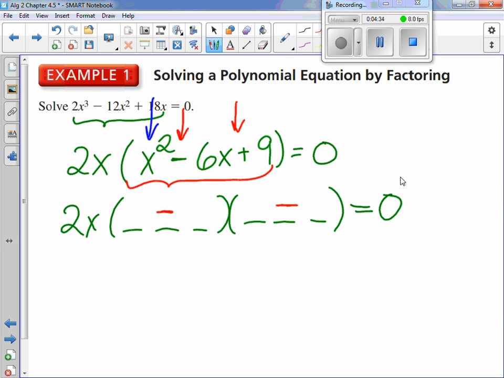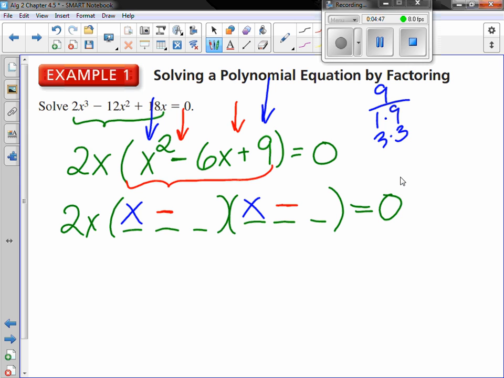Our next step would be the factors of the first and third terms. The factors of x squared would be x and x. The factors of 9 are 1 and 9, and 3 and 3. Which one do we want to use? I would use 3 and 3.